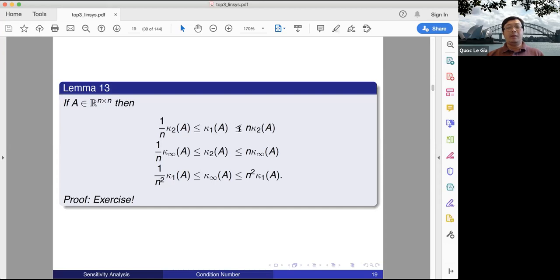It's bigger than the condition number in the one norm. And if the condition number in the two norm is big, then by this inequality, the condition number in the one norm is big as well. Okay, so we will prove this in the tutorial next week. You can check by doing this now if you want to.